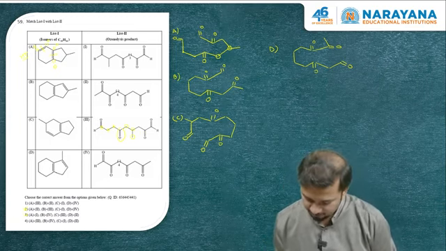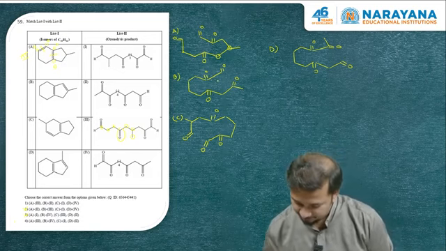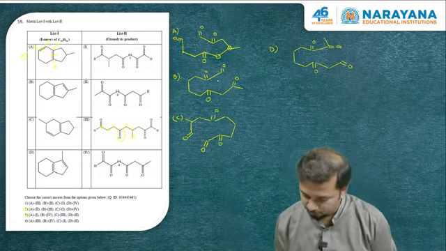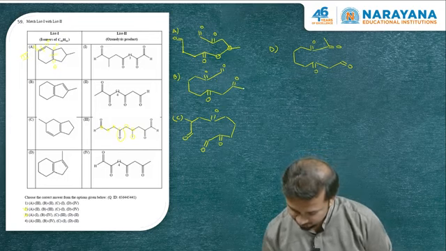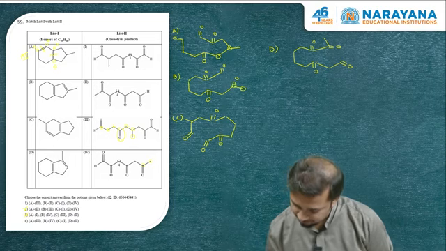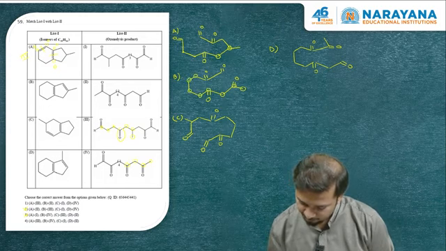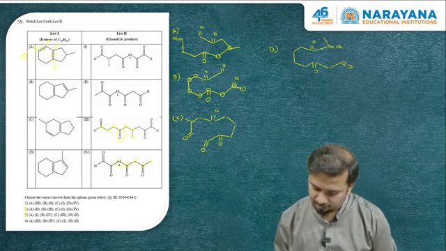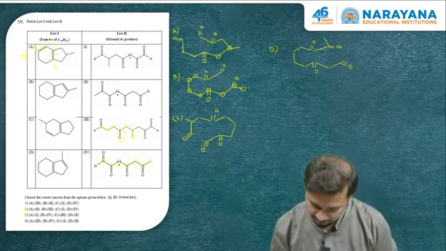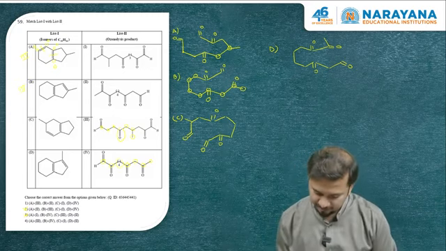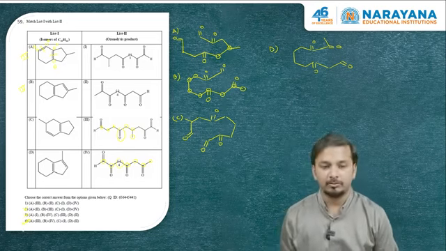Next, we have to check for B. B will be either 2 or 4. Option B has CH3, C double bond O, then CH2, then again C double bond O, then 4 carbons, 1, 2, 3, 4, then CO and CHO. So option B is 4. So the correct answer for this question has to be option number 4.